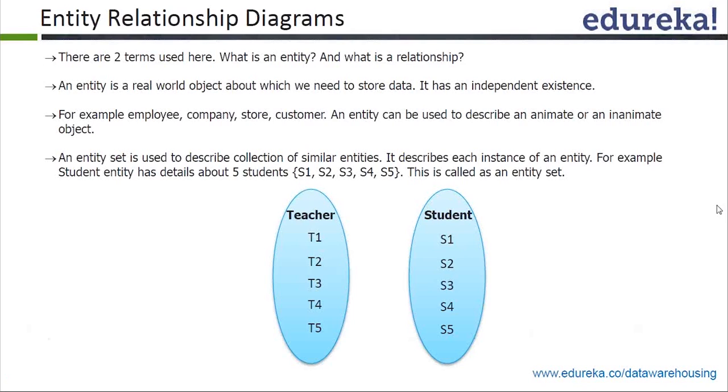So it's a noun. In the example you are seeing in the slide, there are two entities. One is a teacher entity and the other is a student entity. Each entity has different entity instances inside: T1, T2, T3, T4, T5, different records in that entity table. That's about the entity.